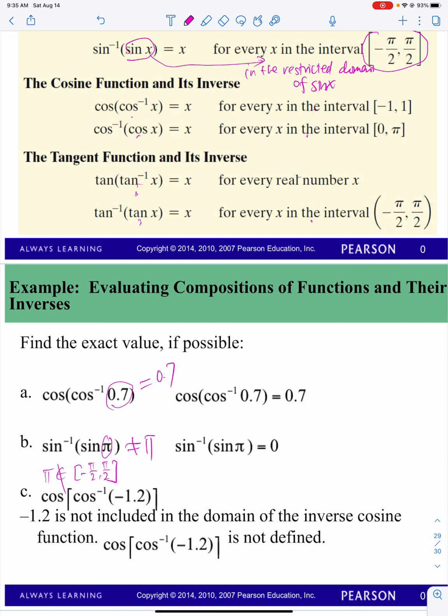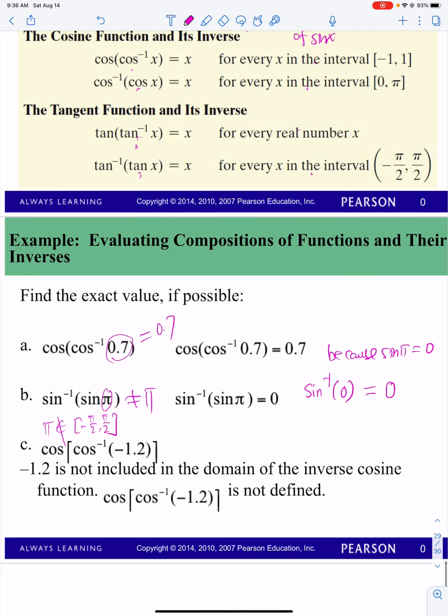So what do we do? What is sine of pi? 0. Because sine of pi equals 0, we can write this as sine inverse of sine 0. What is sine inverse of 0? It's 0.